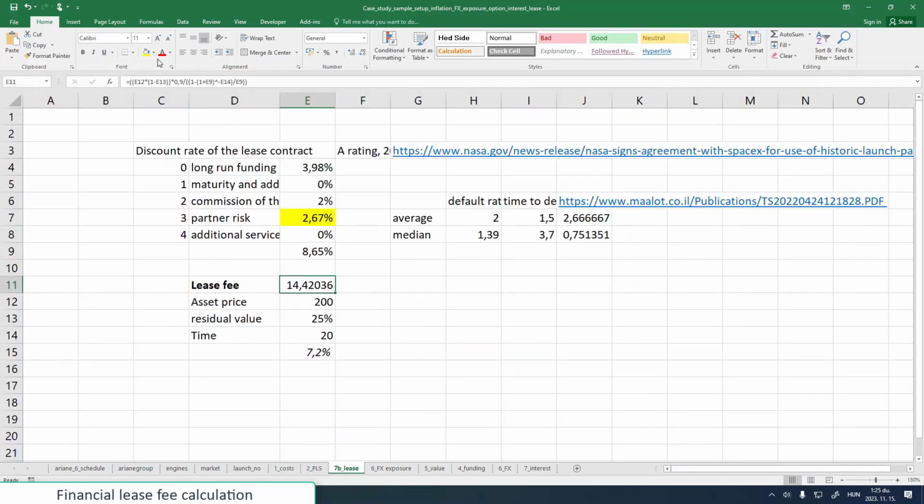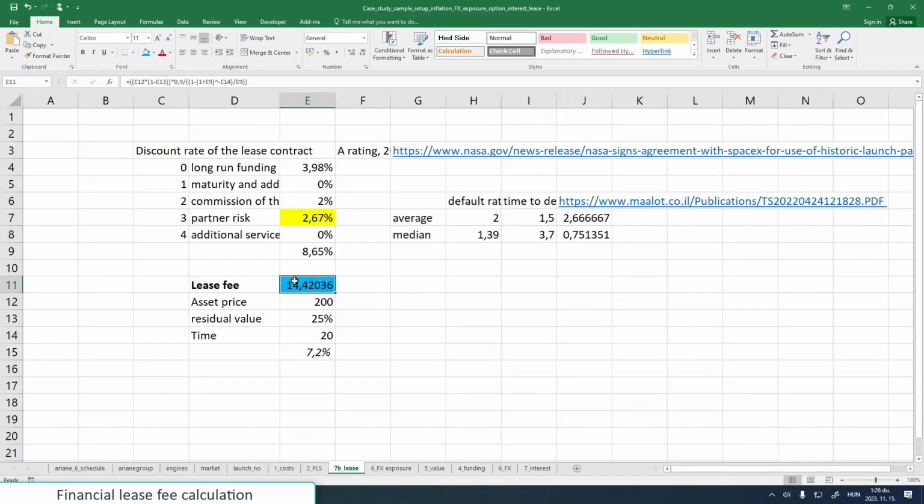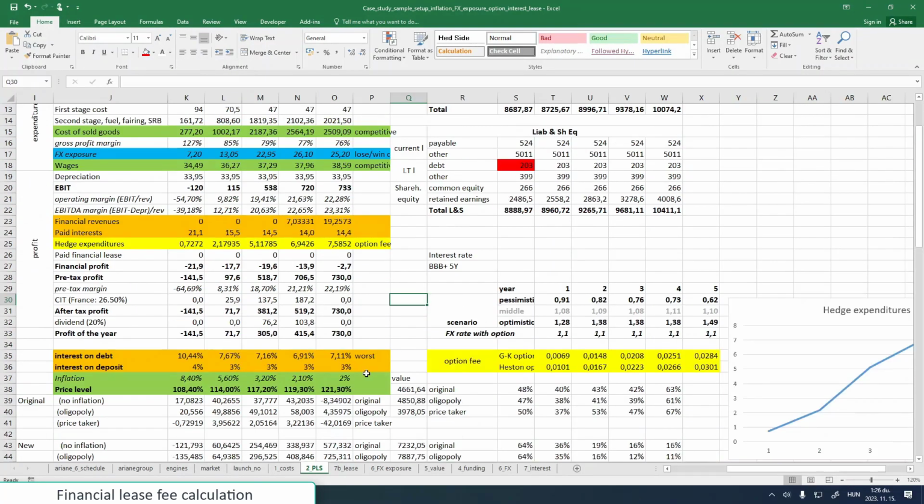Okay, so this is the lease fee. Let's use a beautiful blue color. Oh, we already used blue. So red. Yeah, we did not use red yet. Okay, financial lease.